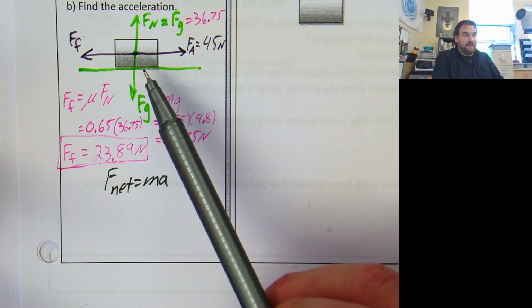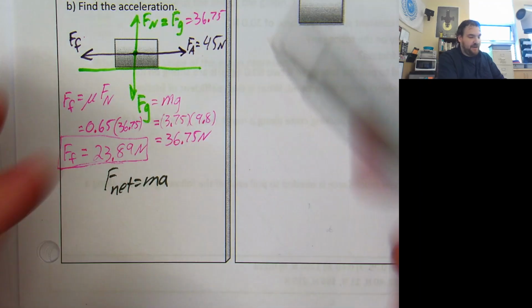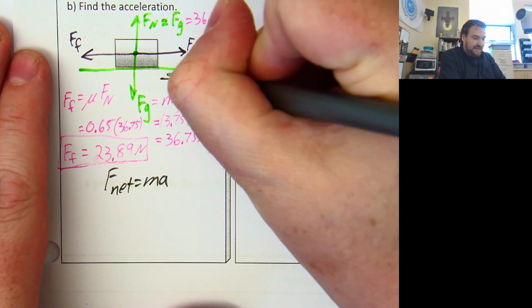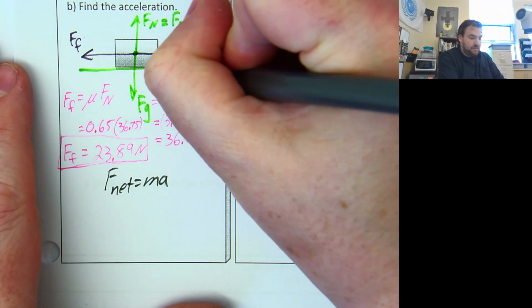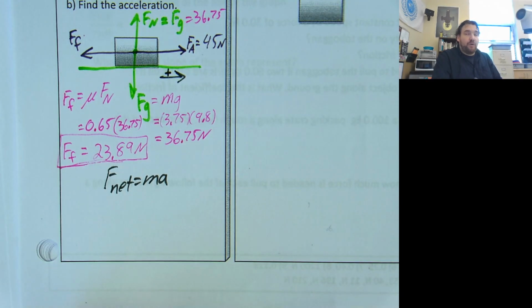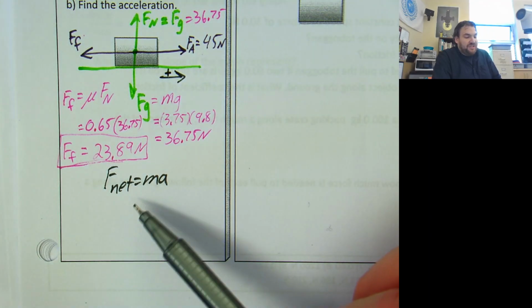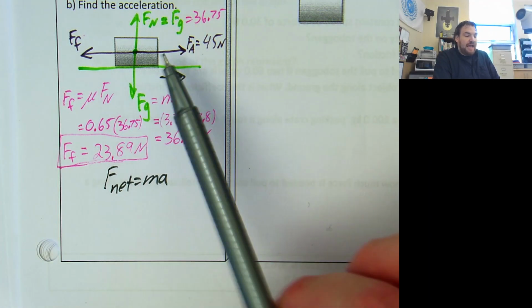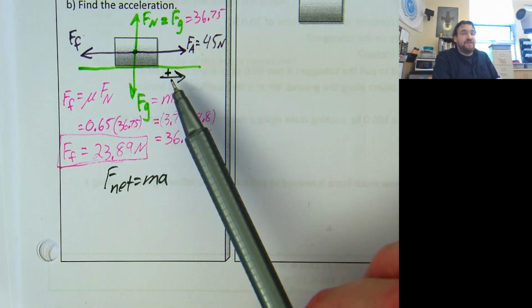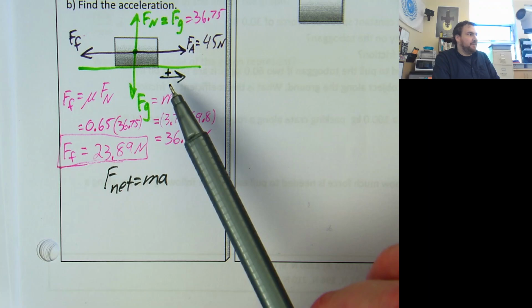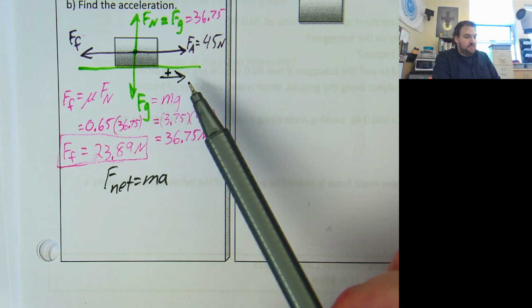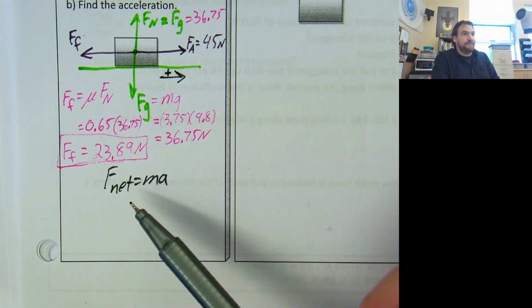Which way do you want to call positive? It doesn't matter. Ray Reed says to the right. That's what would make the most sense. And so now when I go into my F net equation, what is the sum of the forces going to be? How is it going to be written out now that we've defined to the right to be positive? What forces are acting left, right?